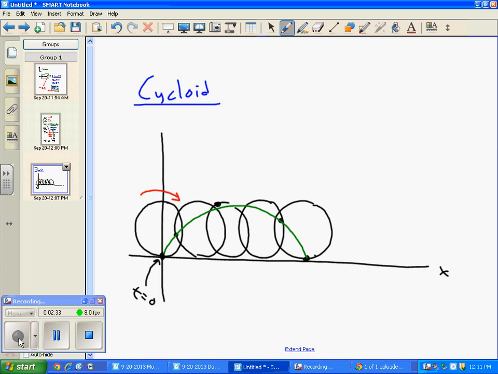Right? We should expect now to see a copy of that. Okay? And that green curve there is called a cycloid. Okay. So the claim of the day is that we can get the equation of this pretty easily if we just think about the right vectors. Okay? And then you'll tell me what you think when we're all done.